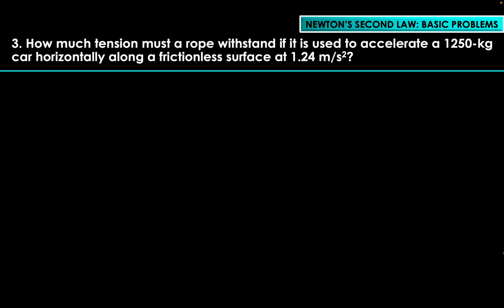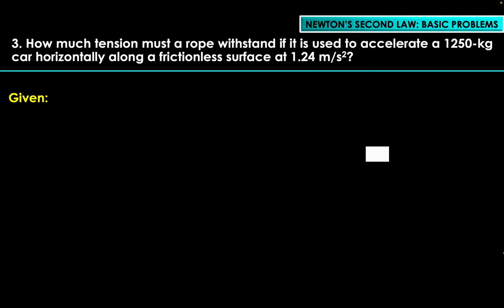Next, item number 3. How much tension must a rope withstand if it is used to accelerate a 1,250 kilogram car horizontally along a frictionless surface at 1.24 meters per second squared? For the given, there's a car, but of course, in the free body diagrams that we've been drawing, we just use a box to represent the object, regardless of what it is, even if it is an elephant.